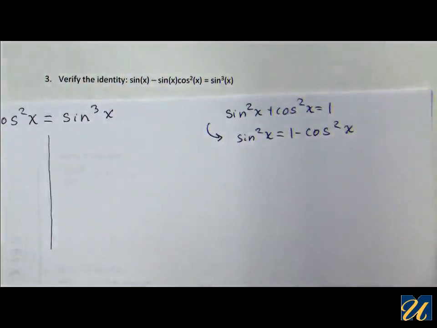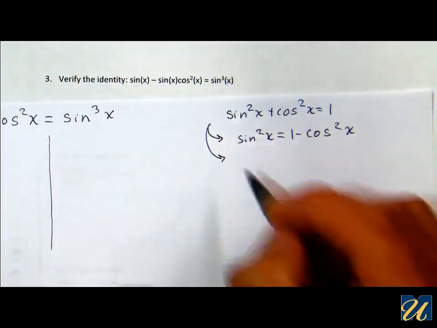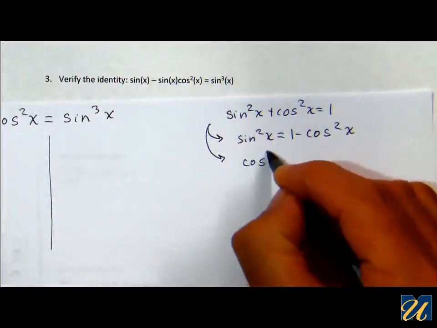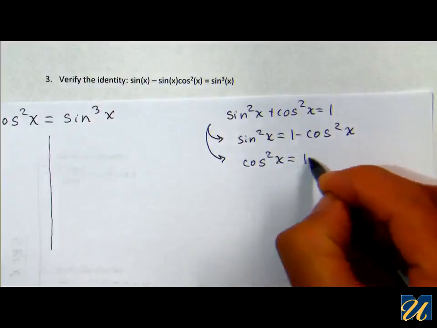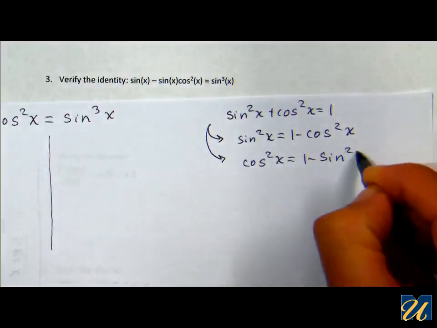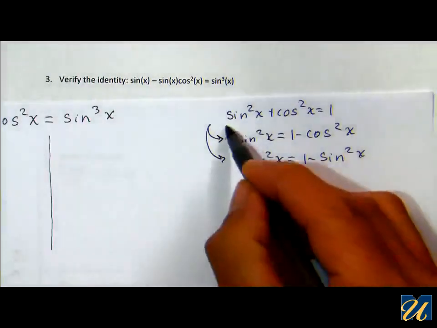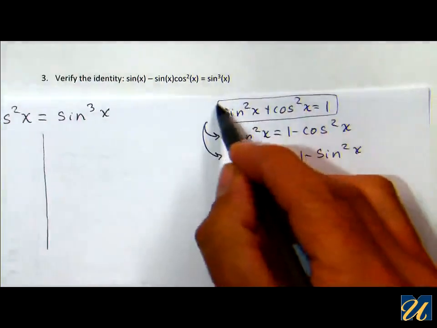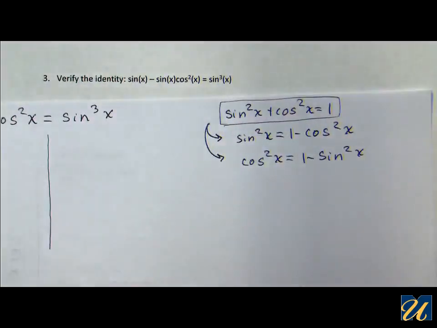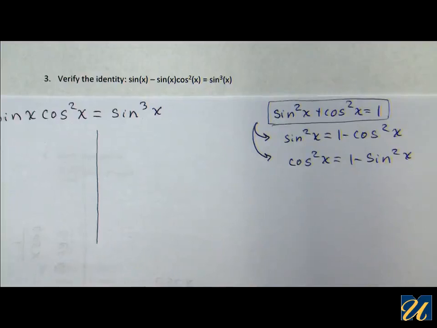Or you could rewrite this as cosine square x is 1 minus sine square x. So from one basic identity, we can manipulate it algebraically and represent two different identities in place of it. Is any of that going to help me over here?